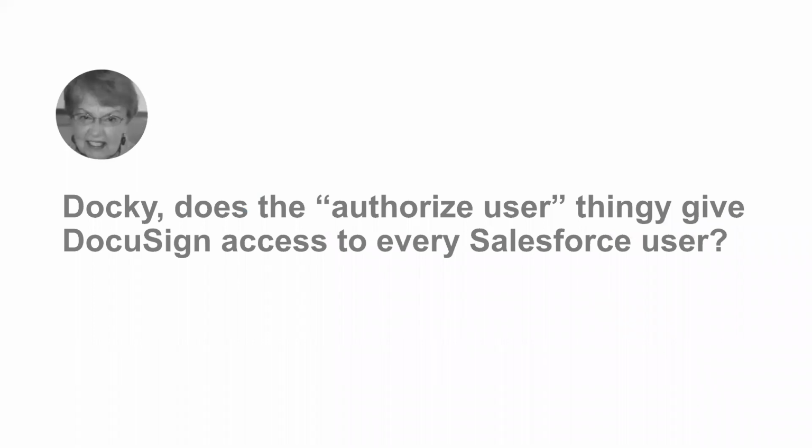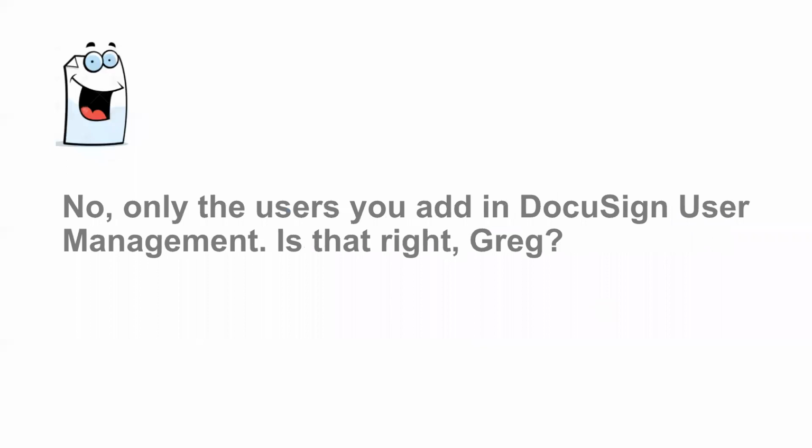Docky, does the authorized user thingamajig give DocuSign access to every Salesforce user? No, only the users you add in DocuSign user management. Is that right, Greg? Yeah, I was starting to answer that, Docky, and you jumped in and nailed it. That is correct. On the DocuSign setup tab, there is a user management section.